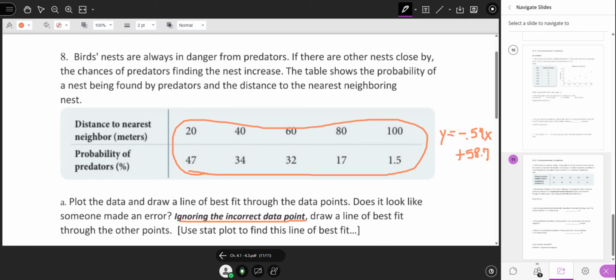Bird's nest predators. And you would write this equation on your cheat sheet. It's one of the few where you're allowed to actually have the problem written out. And this is the only part of that problem you're allowed to have written out. All right?